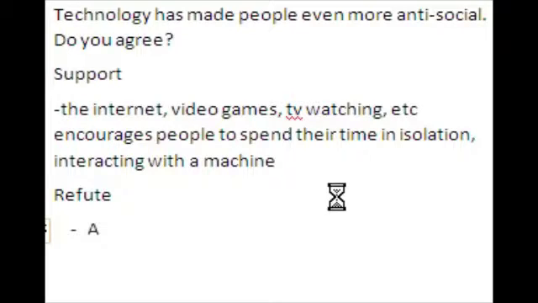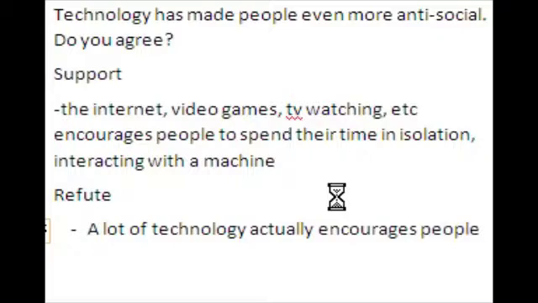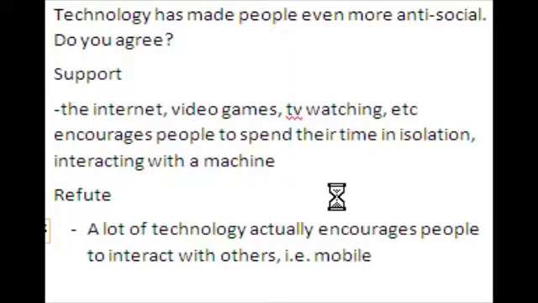So we could say something like a lot of technology actually encourages people to interact with others. For example, mobile phones, or networking websites like Facebook.